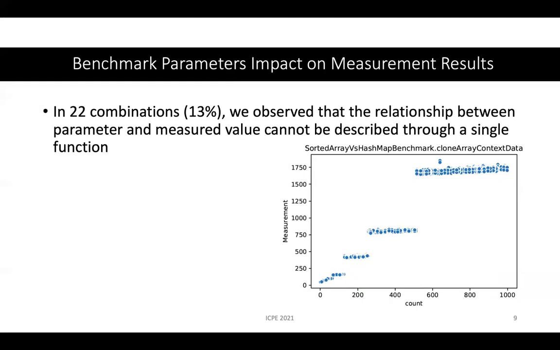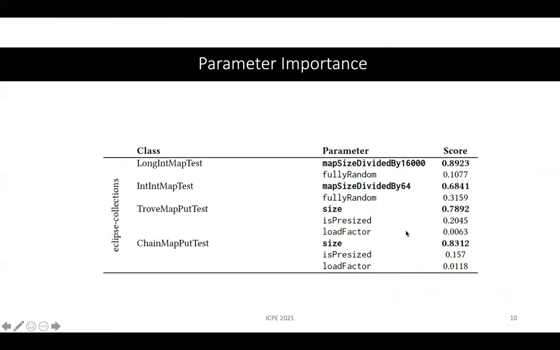For developers, awareness of this situation is crucial, as there is little to be gained from executing the benchmark multiple times with a parameter value in the same range. So here the developers can pick only one value from each range in order to test the measurement, as for each range, the measurement value is stable.